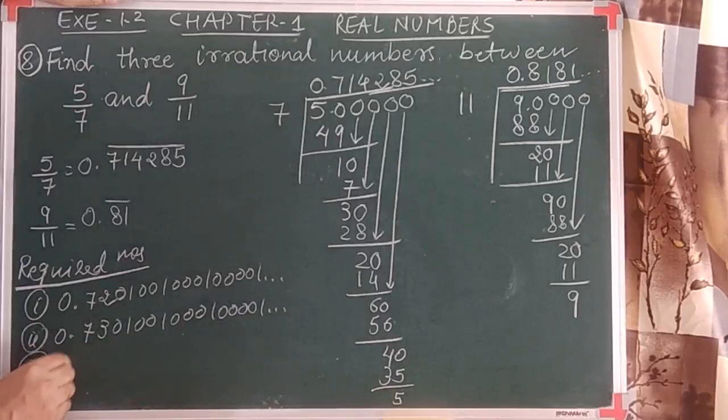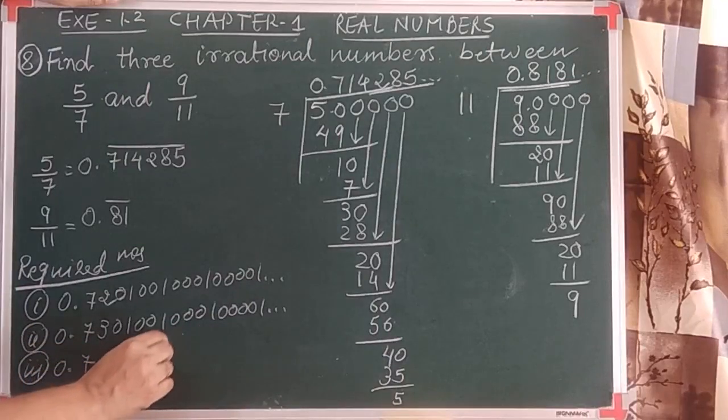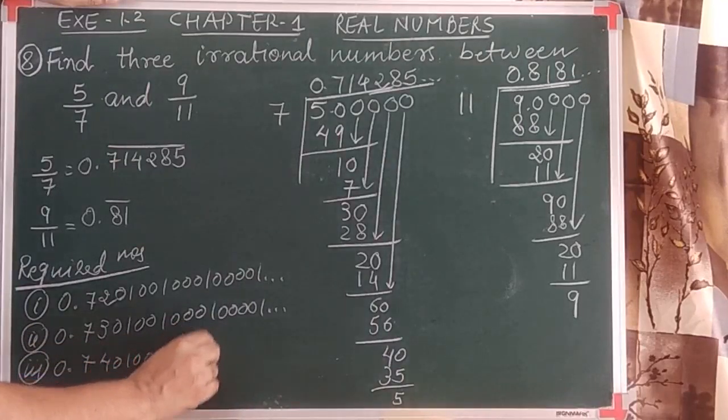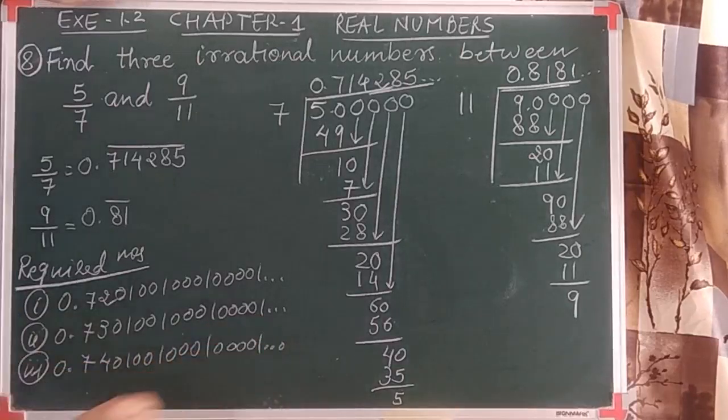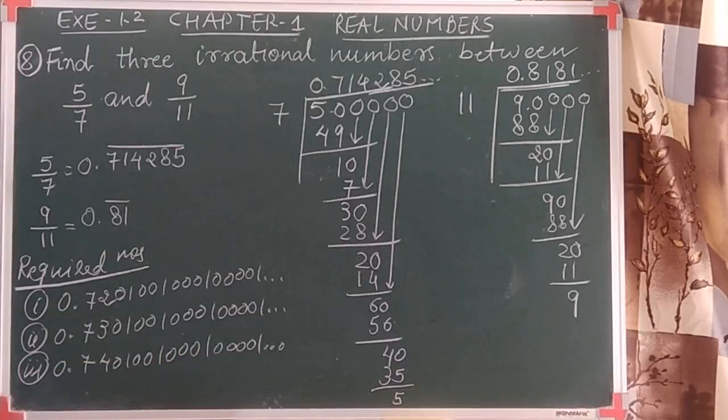And instead of 3 I write 4, 0.010001 and so on. So thus the numbers which were required. Thus we can find out infinitely many irrational numbers between any two rational numbers. Thank you.